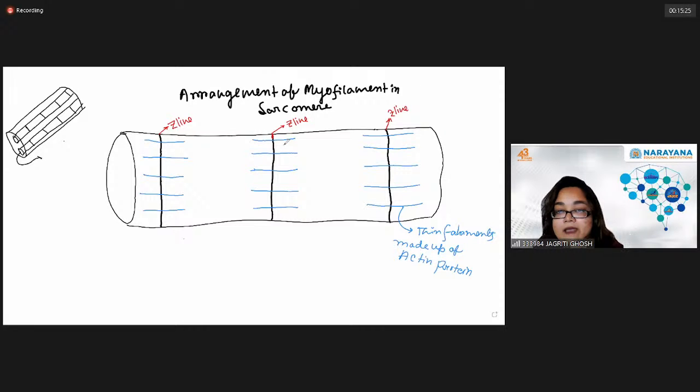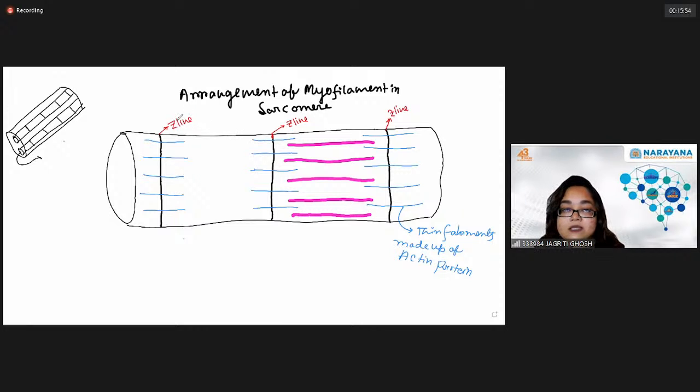In the gap of two thin filaments, one thick filament is present, and it is a little bit overlapped with the thin filament.